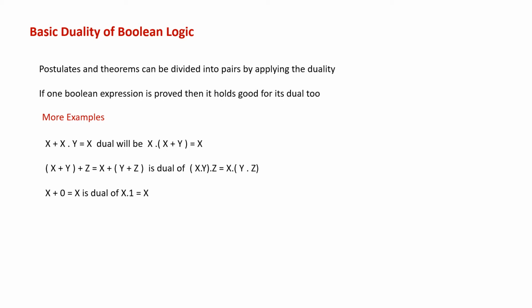And according to this basic duality of Boolean logic, if there is a Boolean expression and its dual has to be proved, it is enough to prove the first Boolean expression, because if that expression is proved, then its dual is also proved.